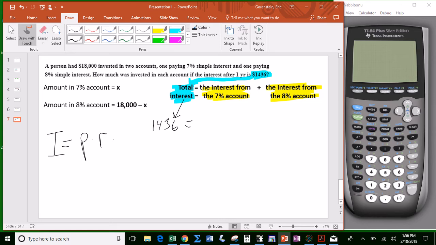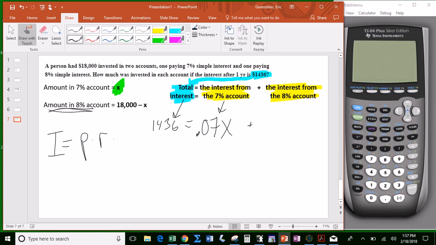And that should equal the interest coming from the 7% account. So that's 7% of X dollars. We don't know what X is yet, but we know it's a number. So we'll say 7%, that's 0.07, and "of" means times, so 7% times X, plus 8% of the money in this account.